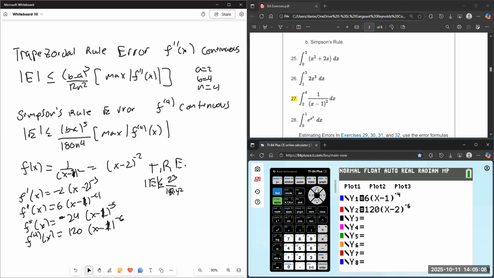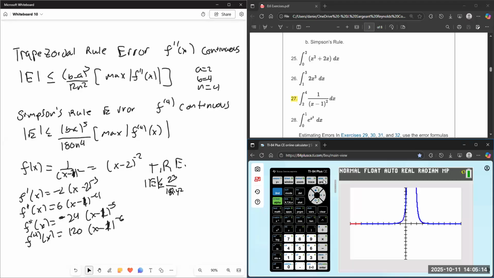Try that again. There we go. So on the interval from 2 to 4, notice that it's decreasing here. And so that is going to tell me that my maximum value is going to be at 2.